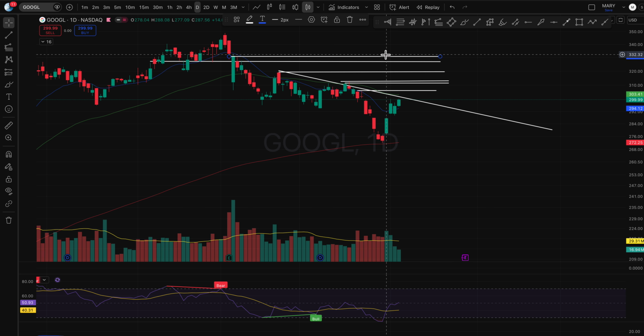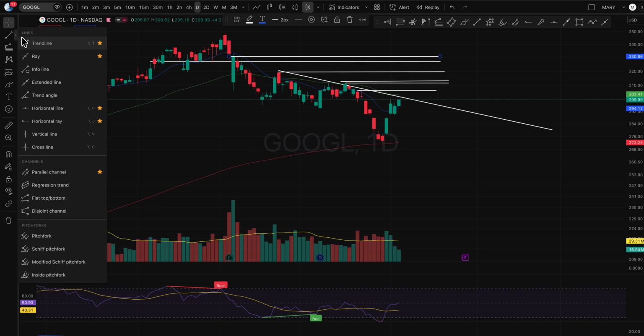Okay, so if it surpasses that 332, you have 335, which is this candle right here. Pay attention. You have 335 to, you could push that slightly higher to 337. Break out of that 337, then you have 342.